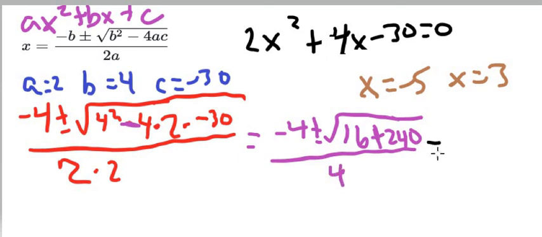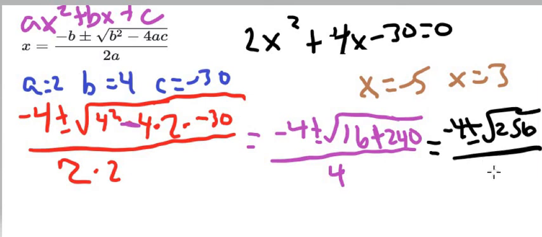Simplify the square root. 16 plus 240 is 256, all over 4. The square root of 256, I believe, is 16. So this is going to break down to be negative 4 plus or minus 16 over 4. And this will break up into two equations.